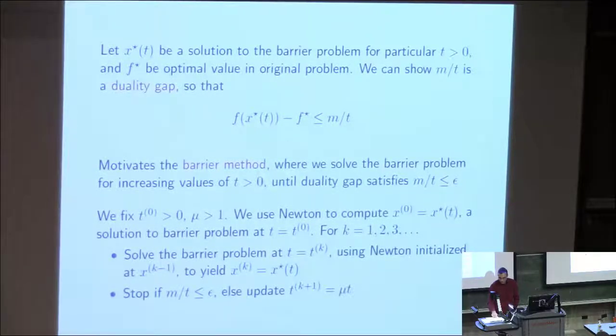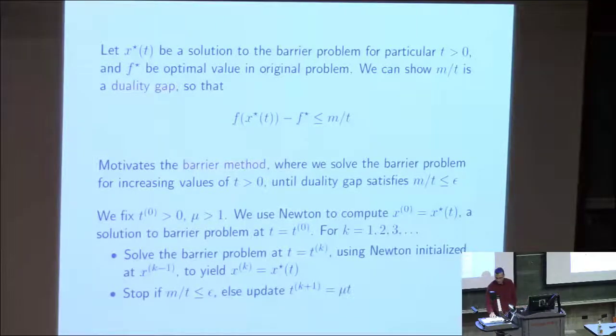I could have, instead of multiplying by mu, added mu. I could have exponentiated the t's. There are various updating schemes you might try. They all have different properties. Updating too fast or too slow comes with certain trade-offs.